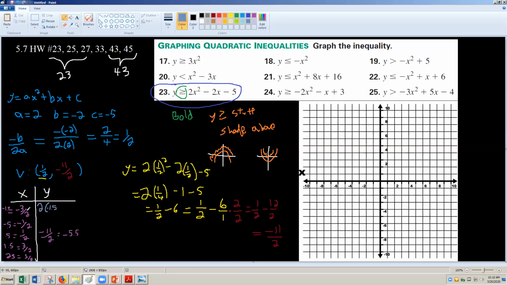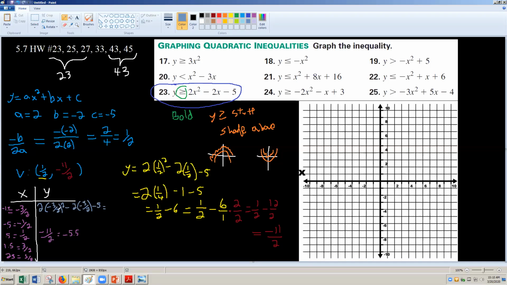If you want to use the fractions, I'd recommend using fractions. So why am I doing it with decimals then? So this is my negative 3 halves, and I am squaring that thing, and I'm saying minus 2 times my negative 3 halves, and then I'm saying minus 5.